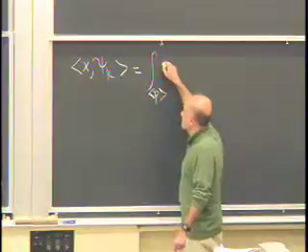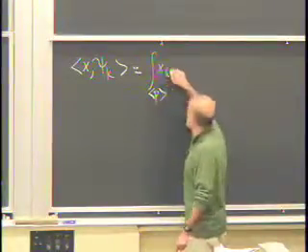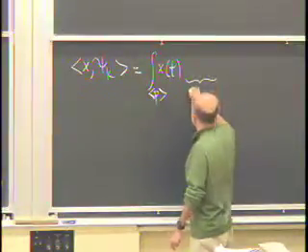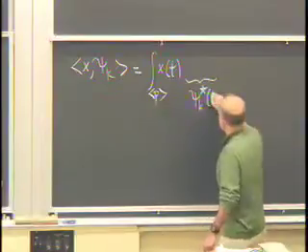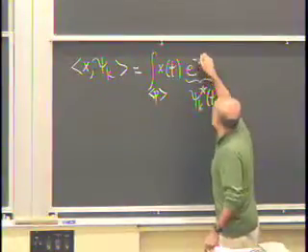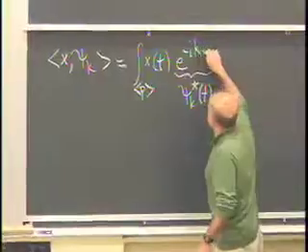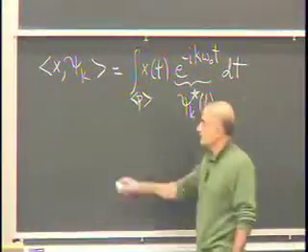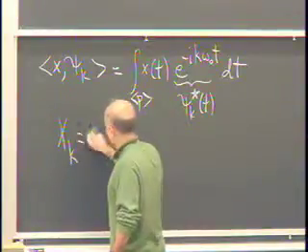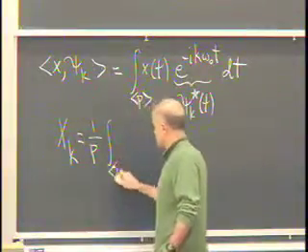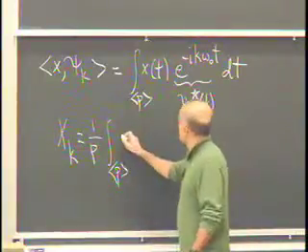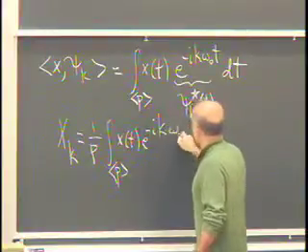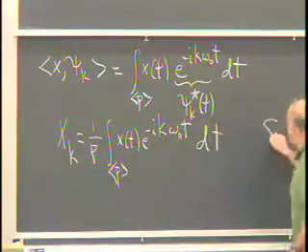Tell me how to fill this. x of t c_k star, which is what? e to the negative i k omega naught t dt. And now we have our analysis equation. It's 1 over P integral over one period of x of t e to the minus i k omega naught t dt. And this is the analysis equation.